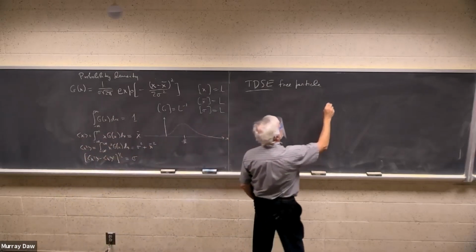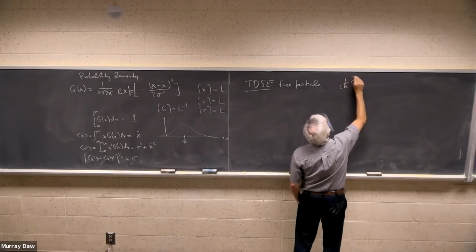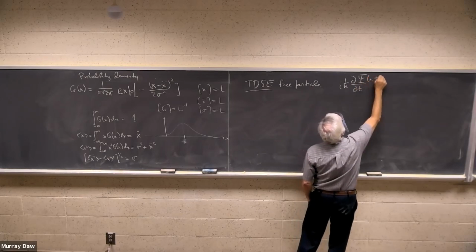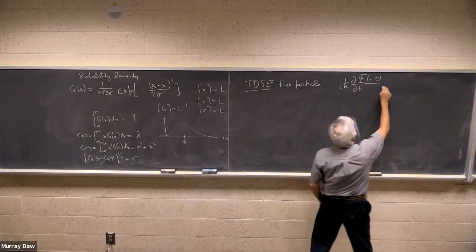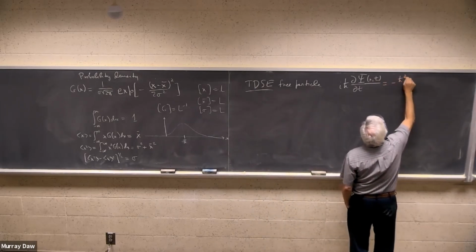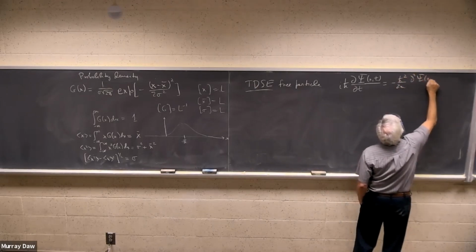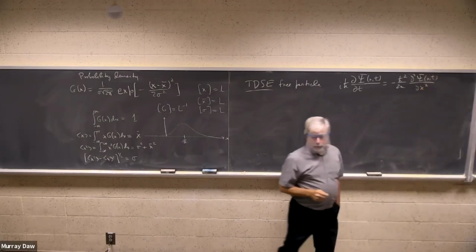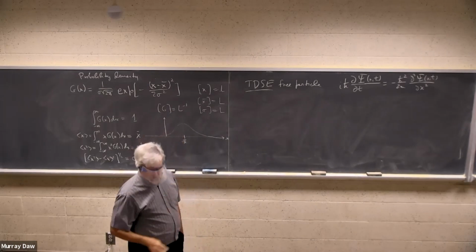It should be i h bar partial derivative with respect to t of capital Psi, which is dependent on both x and t. And that'll equal negative h bar squared over 2m times the partial derivative. You should be able to do this. If I ask for the time-dependent Schrodinger equation for a free particle, you should be able to write this.